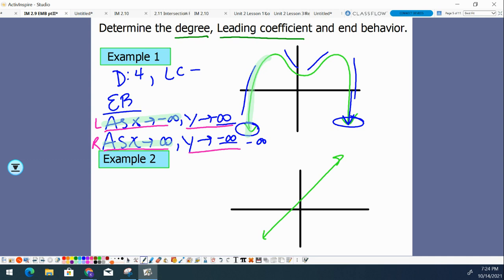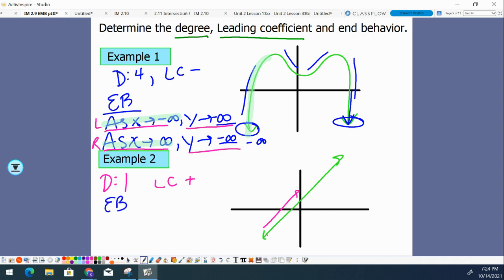Example 2. One direction, so the degree is 1. The leading coefficient, see how this is a positive slope? The left's going down, the right's going up. This is a positive leading coefficient.